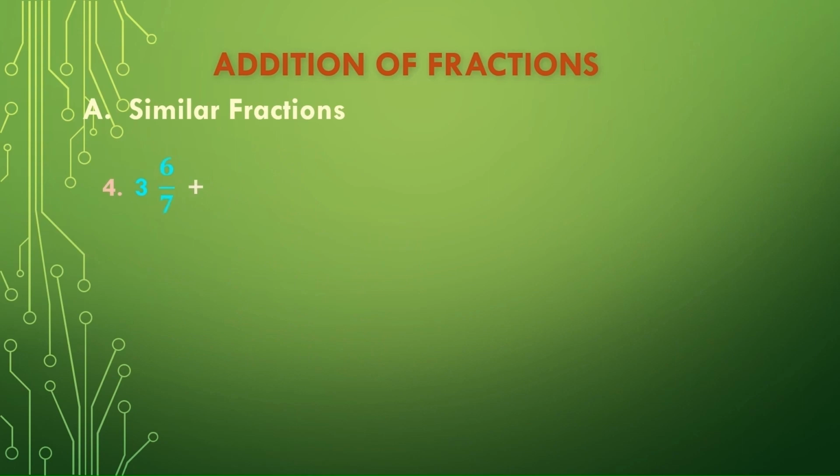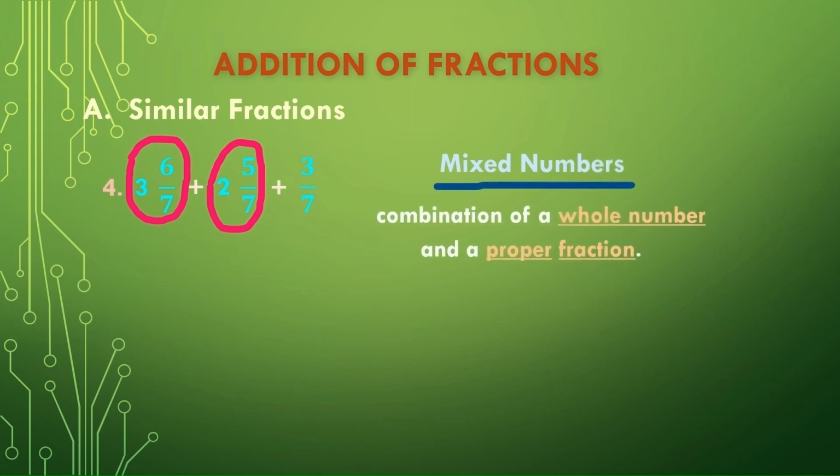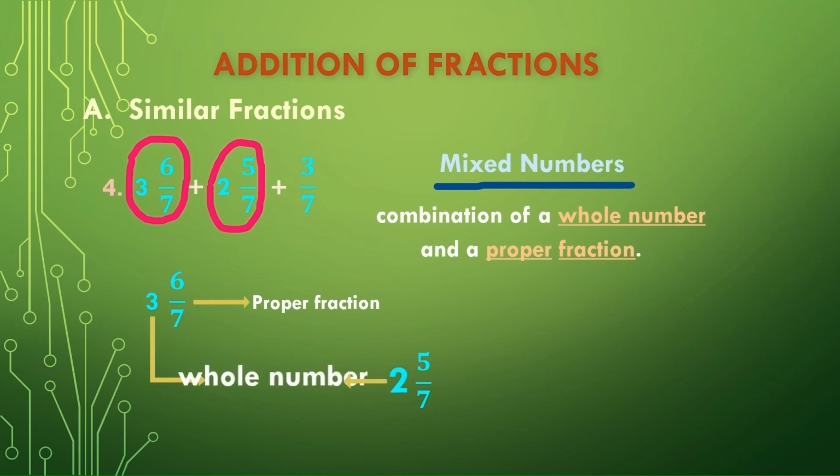Number 4, 3 and 6/7 plus 2 and 5/7 plus 3/7. We have here mixed fractions. In my video about types of fractions, we defined mixed numbers to be a combination of a whole number and a proper fraction. 3 and 6/7 is a mixed number where 3 is the whole number and 6/7 is the proper fraction. 2 and 5/7 is also a mixed number where 2 is the whole number and 5/7 is the proper fraction.